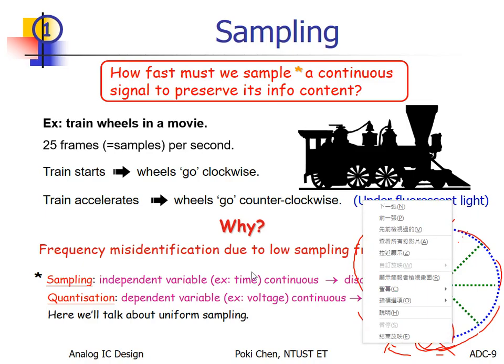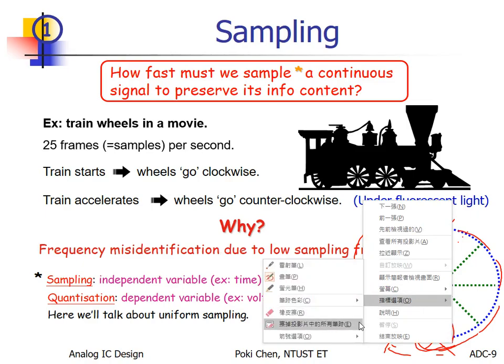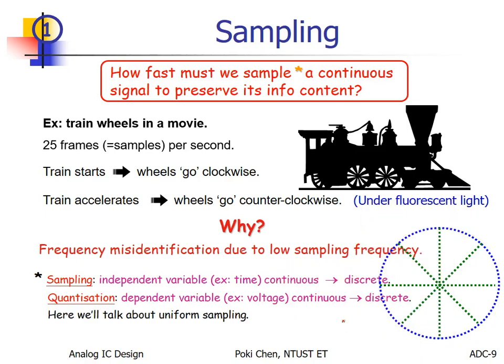I try to explain intuitively, instead of deriving any equations for you, because it's too hard. When I studied in NTUST, to fully understand such kind of sampling effect, I took a course called Fourier transform for one semester.